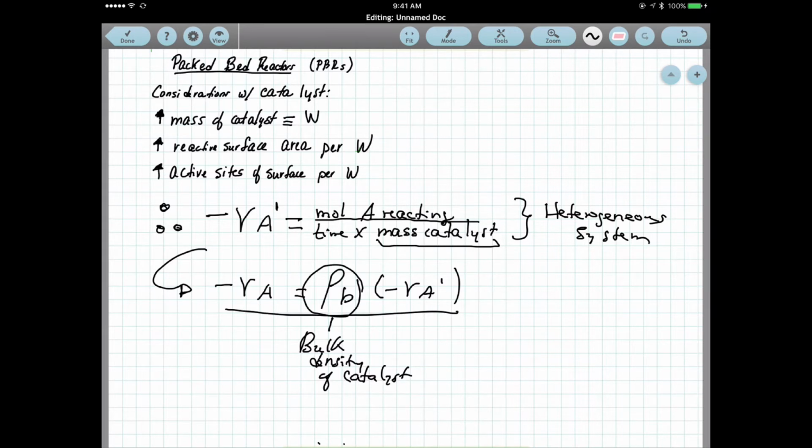If you notice in this definition, we can see that the reactor volume that contains the catalyst is of secondary significance. So now we're going to spend some time trying to derive an expression that helps us to identify the mass of the catalyst for a PBR.